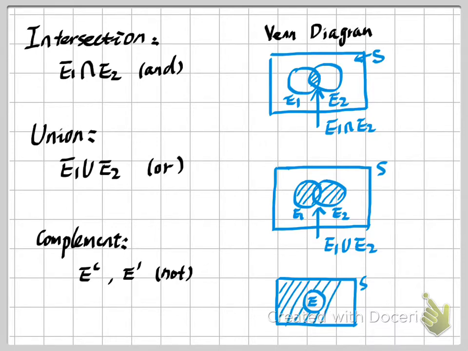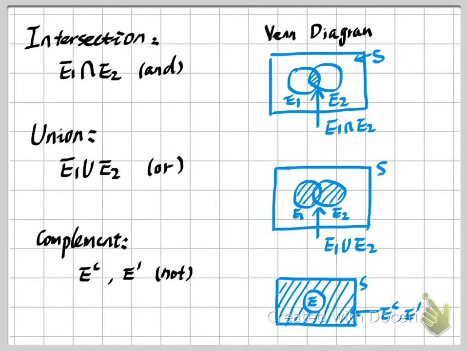In other words, it contains the elements in the sample space S but not in this circle. So this shadow part is our complement of E. Okay, so these are the three computations of sets, or say operations.